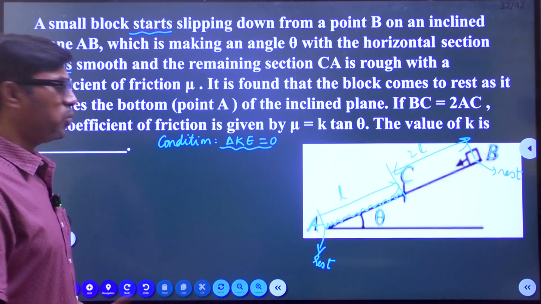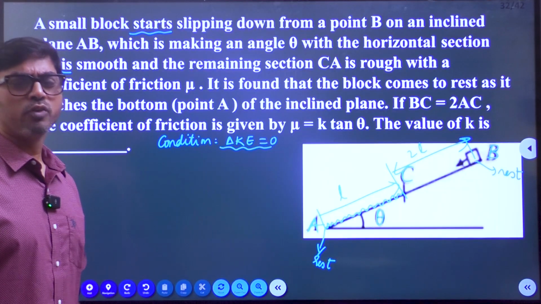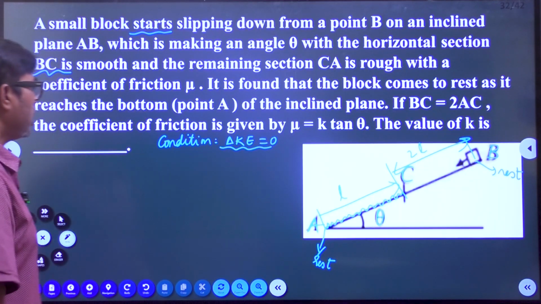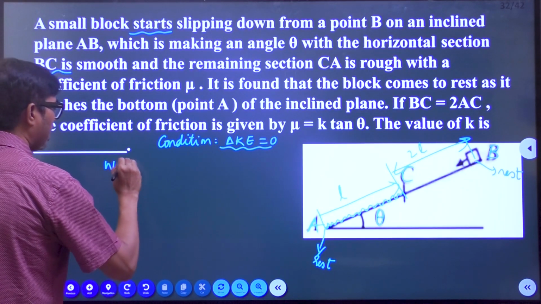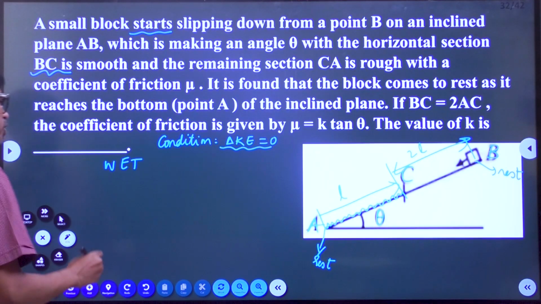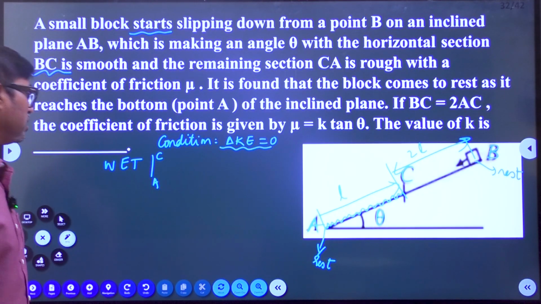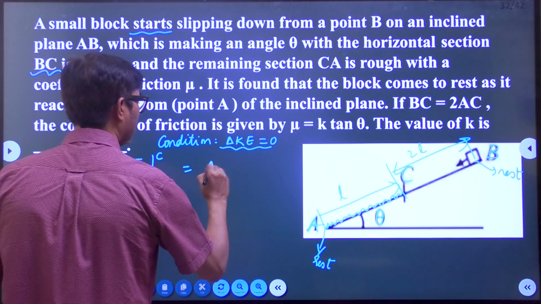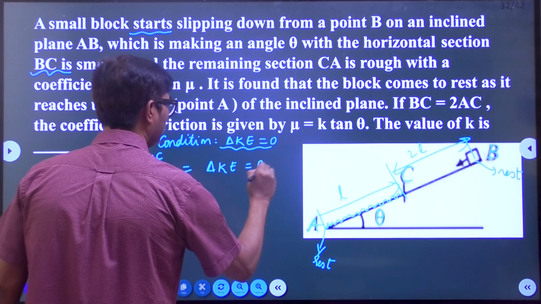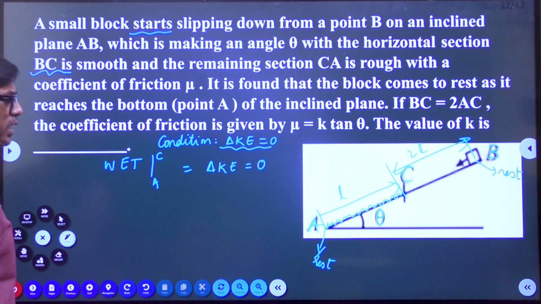But the work energy theorem is a super powerful tool in this chapter. So I'll use the work energy theorem for the entire journey directly from A to C. You don't have to split that into parts. That is equal to change in kinetic energy, which is 0. So in that process, what are the forces acting on it?